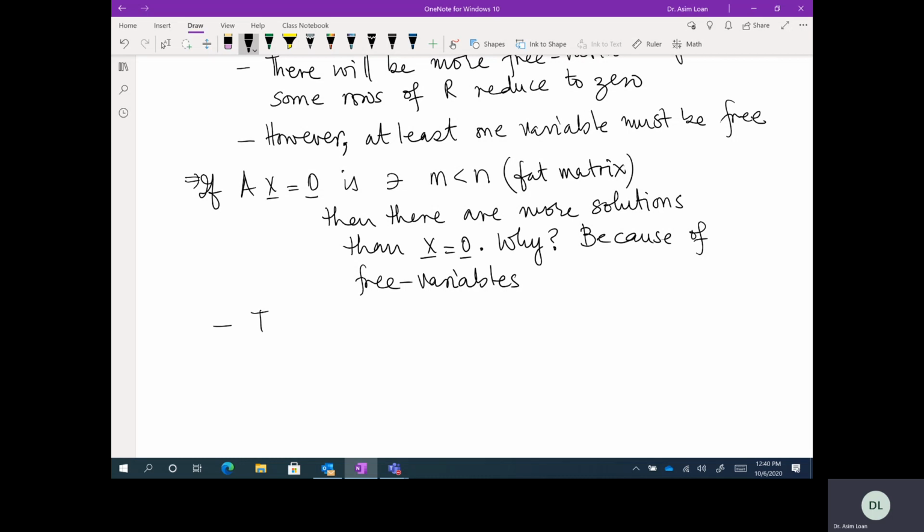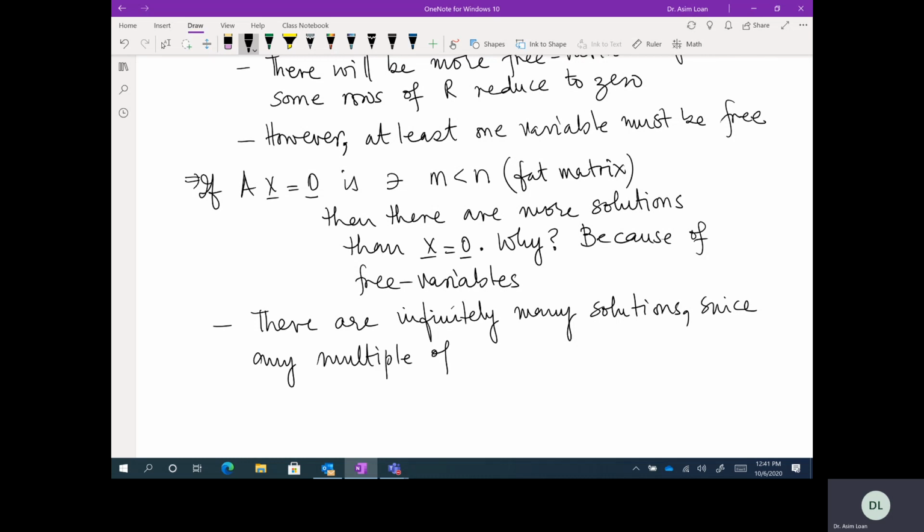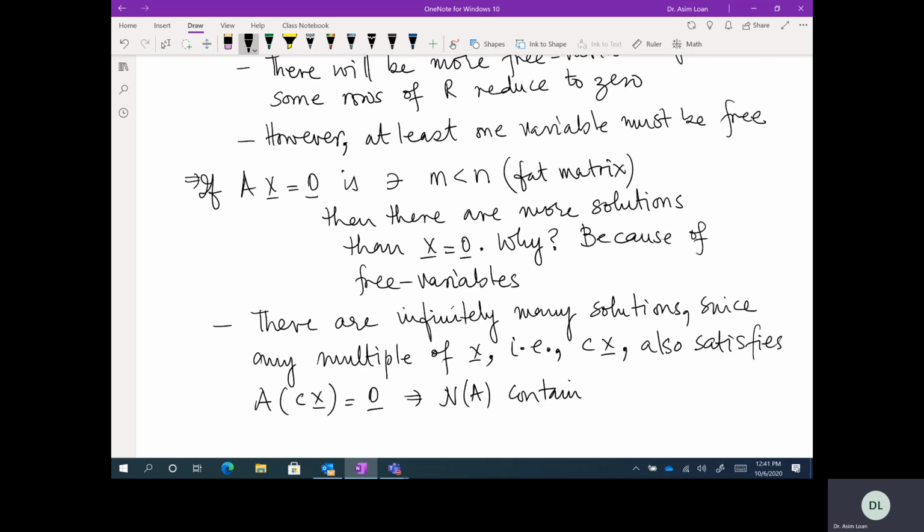There are infinitely many solutions since any multiple of x, that is c times x, also satisfies A times c times x equals 0, which implies the null space of A contains a line through x.